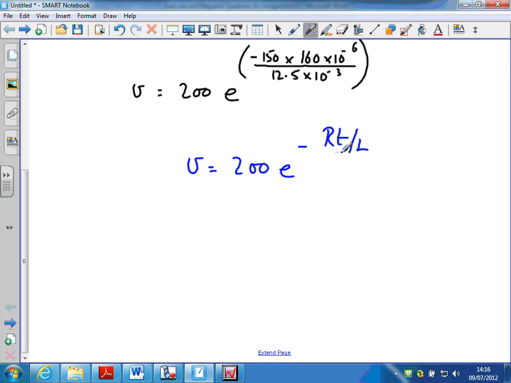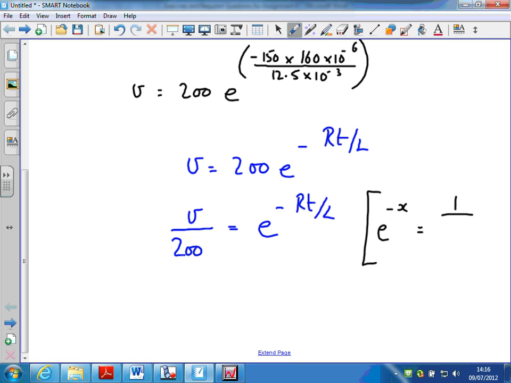So, first step, divide both sides by 200. V over 200 equals e to the minus rt over L. Remember that minus means 1 over, so e to the minus x equals 1 over e to the x.